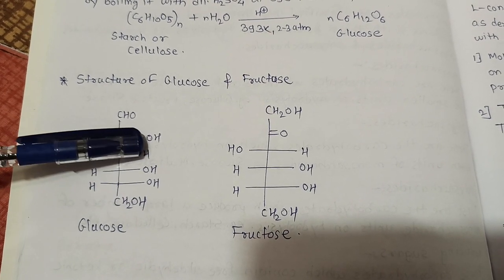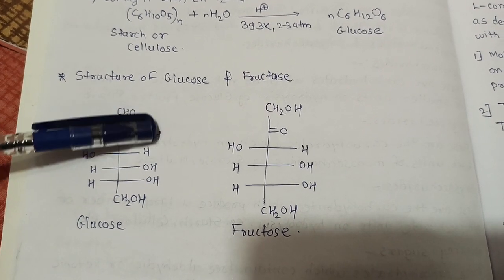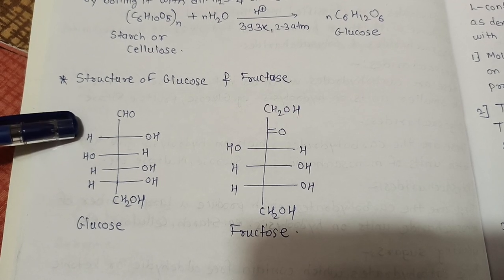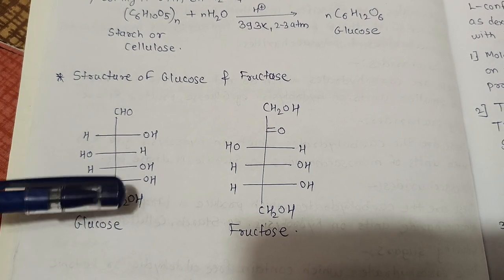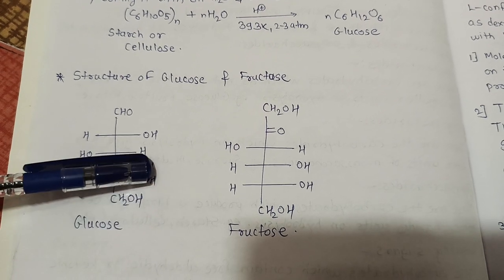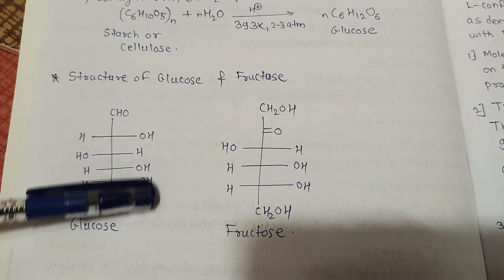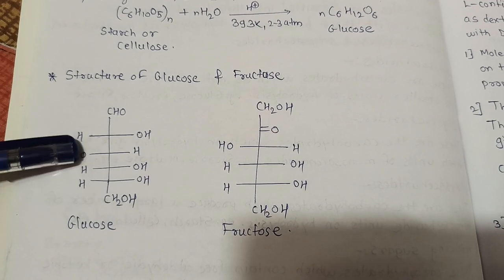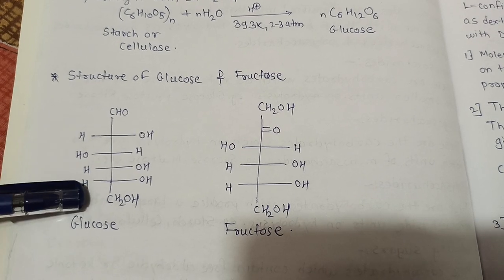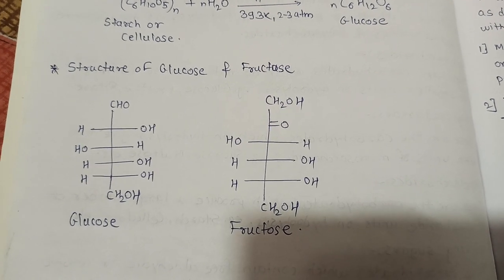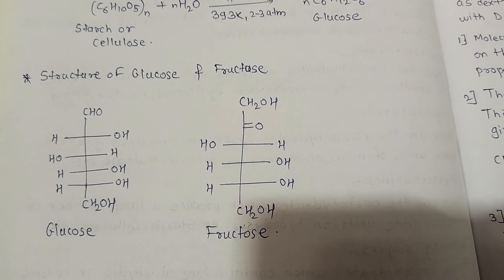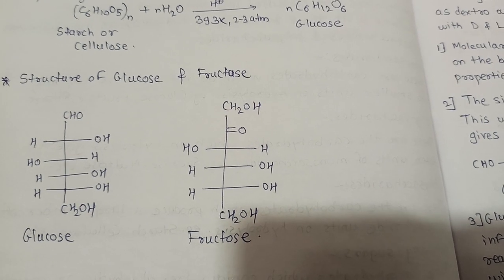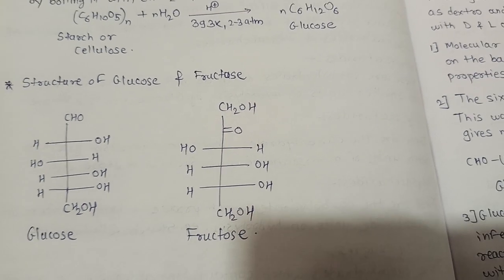On the third carbon, write H on the right side and OH on the left side, and write the complementary on the other side. So CHO at the first carbon, CH2OH at the last, H on the right side for the third carbon, and for the other carbons OH is on the right side, with the complementary on the left side. That's how we can draw the structure of glucose. Glucose contains an aldehydic group as functional group along with hydroxyl groups: total 5 hydroxyl groups and 1 aldehydic group.